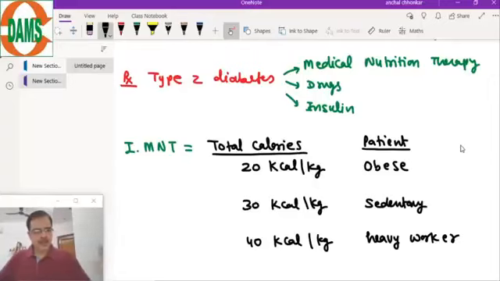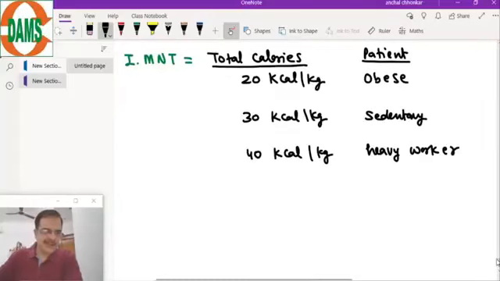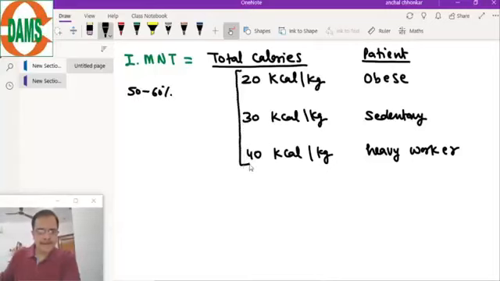The total calories are divided into carbohydrates, protein, and fat. Out of those total calories, 50 to 60% should be provided by carbohydrates.